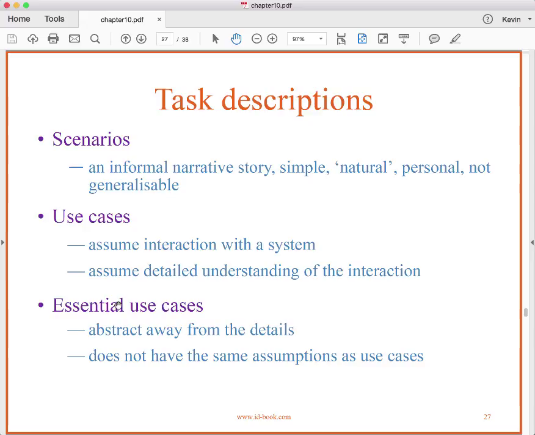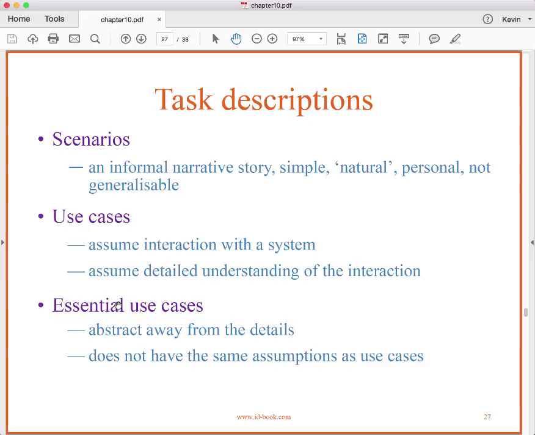And I must admit, I've not used essential use cases myself, although I've seen them a number of times. They're an interesting idea. Their idea is to be a lightweight, not so detailed version of use cases.